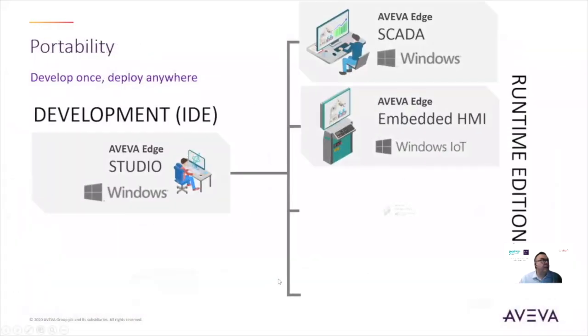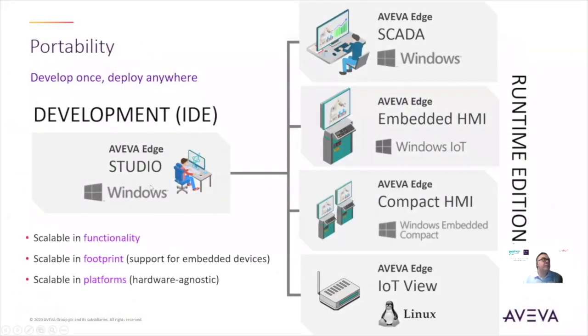Now, the portability part of this. There's a development environment, or integrated development environment, often called an IDE, and that's what we call AVEVA Edge Studio. Studio is the development part of this, and you can deploy to really four different runtimes.